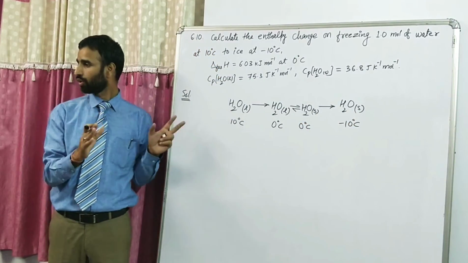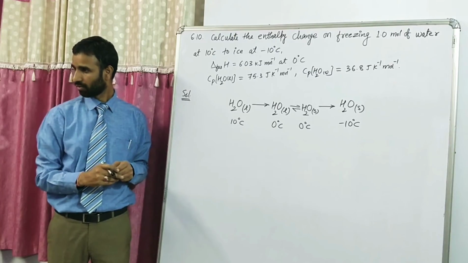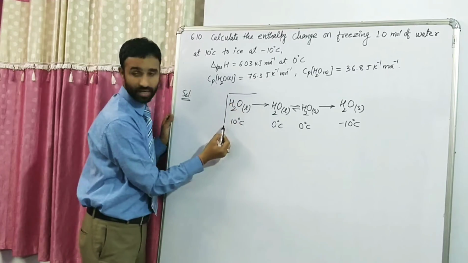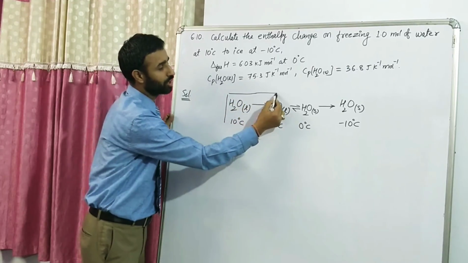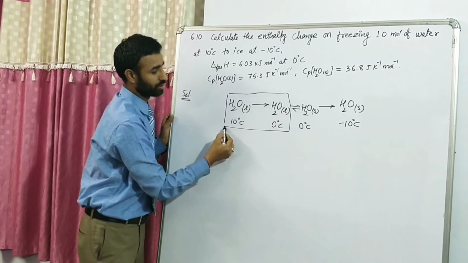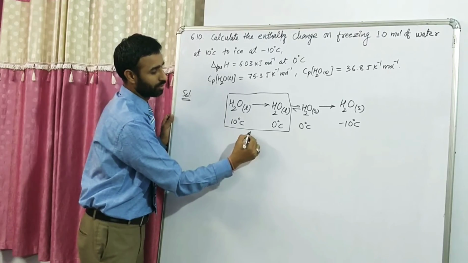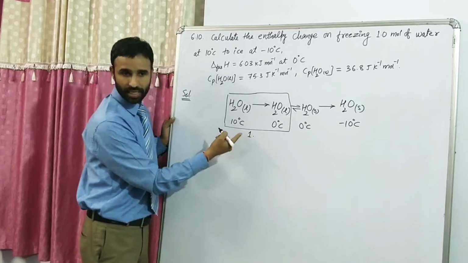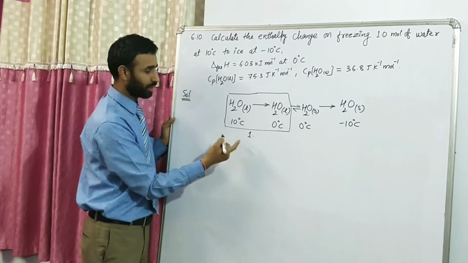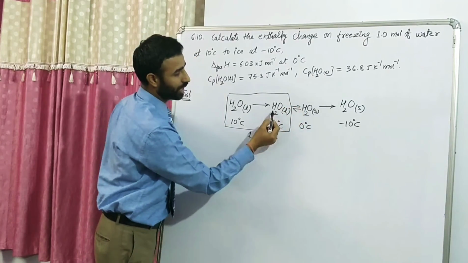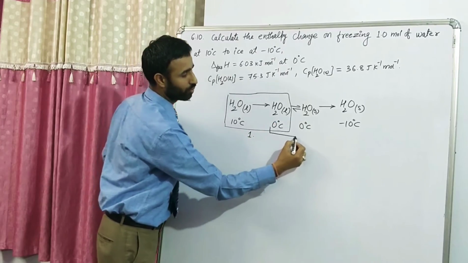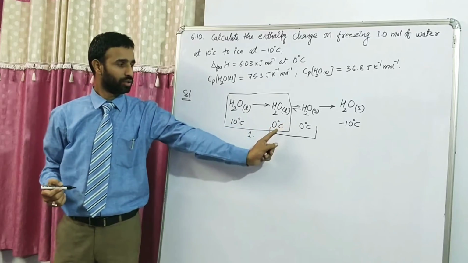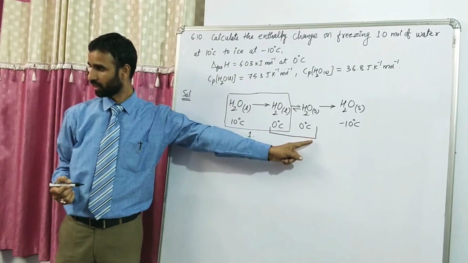That means now there are three processes. First is H2O liquid at 10 degrees Celsius to H2O liquid at 0 degrees Celsius. This is process number 1. Take it as delta H1. Then H2O liquid to H2O solid at 0 degrees Celsius.